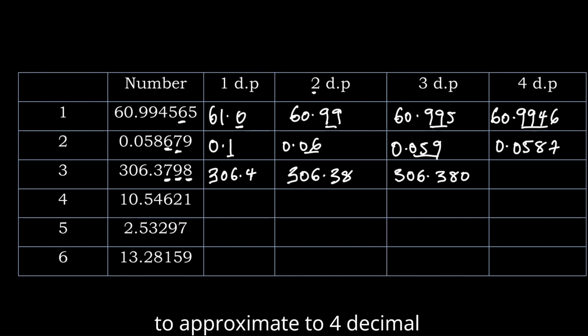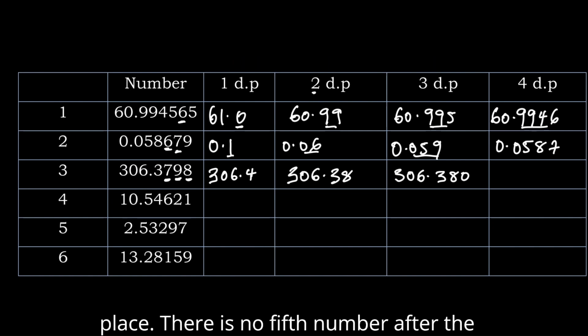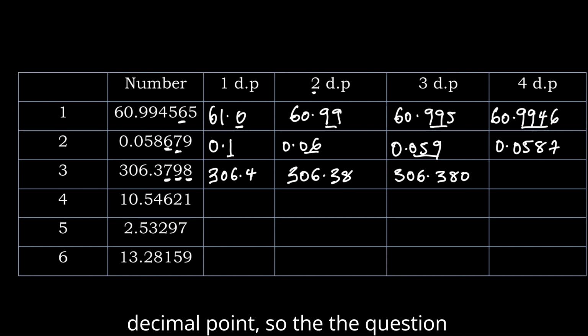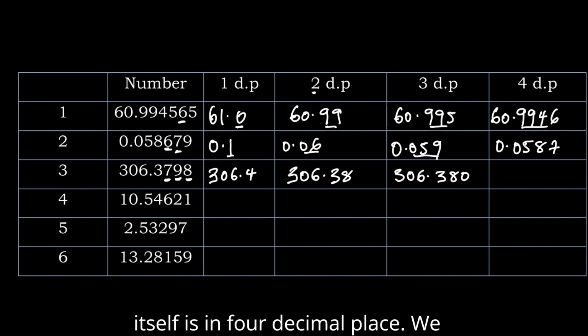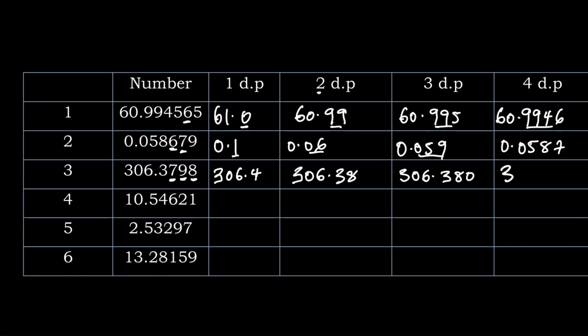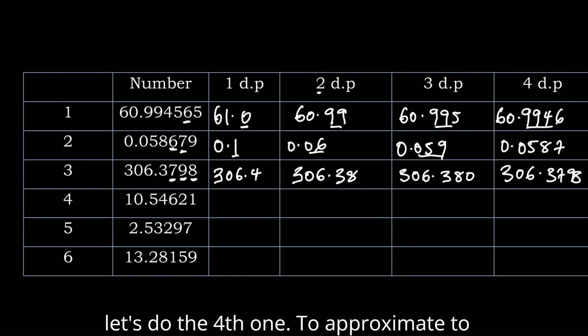Then to approximate to 4 decimal place, there is no fifth number after the decimal point. So the question itself is in 4 decimal place. We rewrite the answer to be 0.3798.